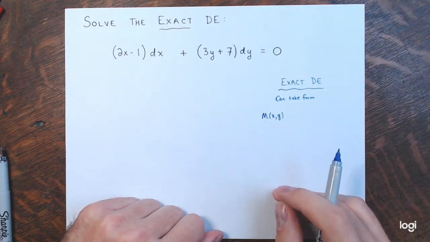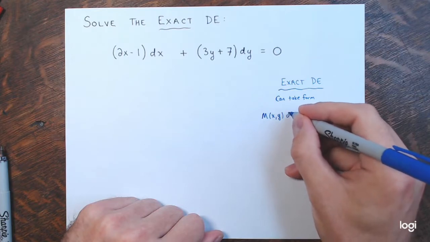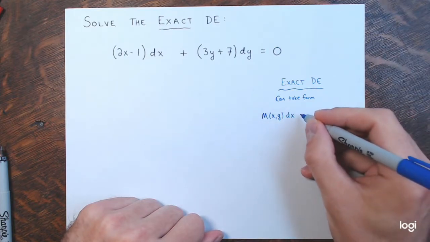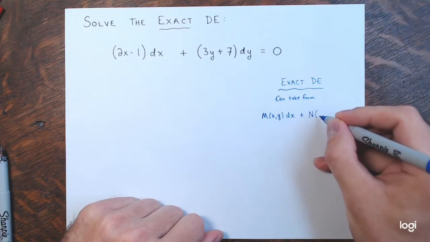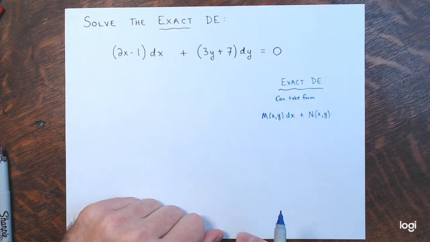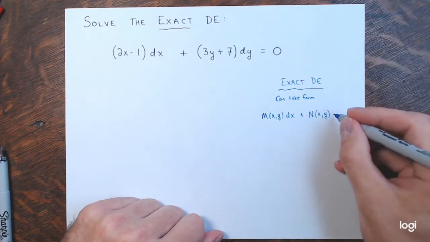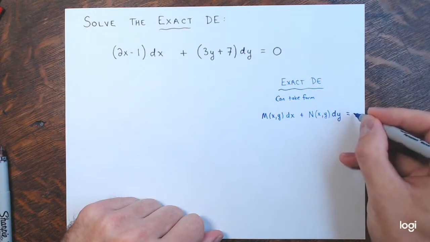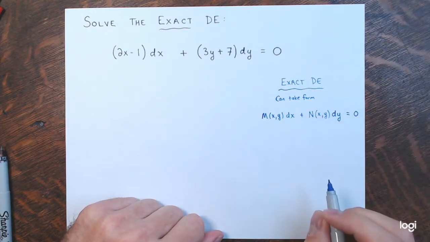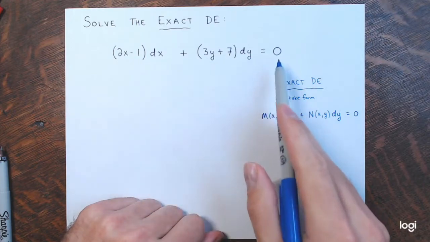Doesn't matter. Multiplied by the differential of x, plus some other function, say n, that depends on both x and y, times the differential of y equals 0, right? Which is what this is looking like right now.